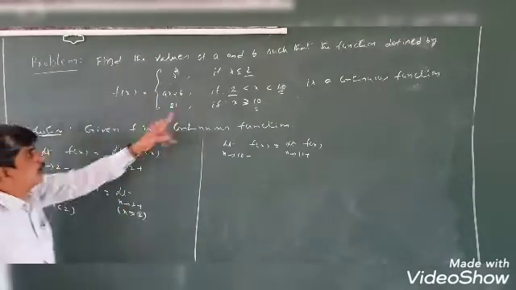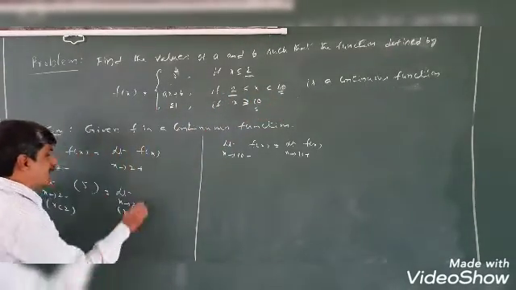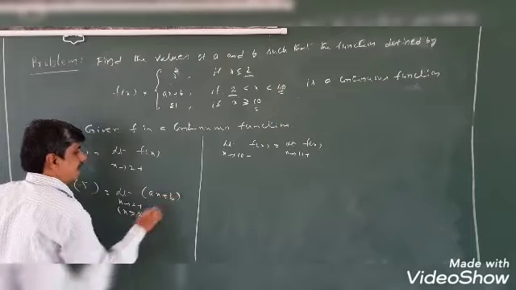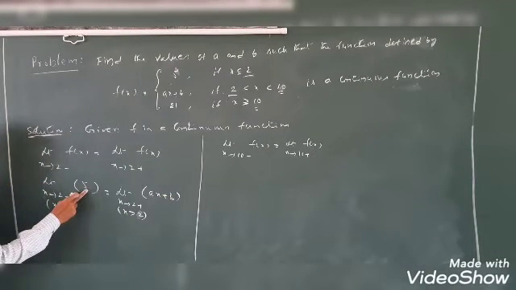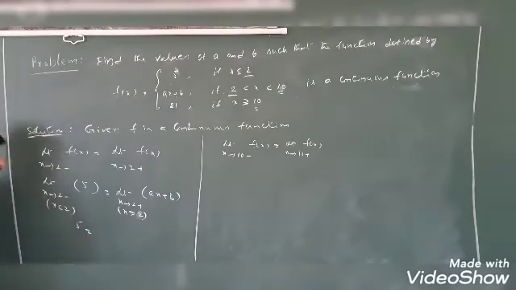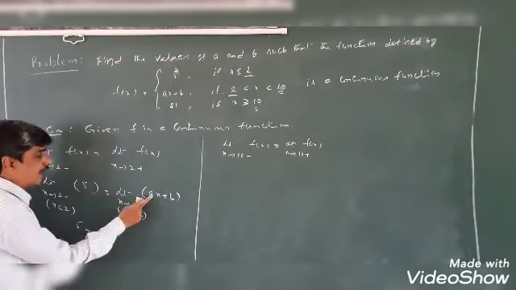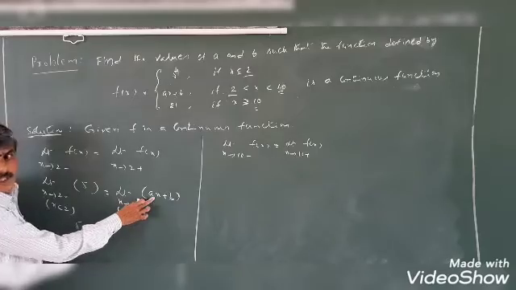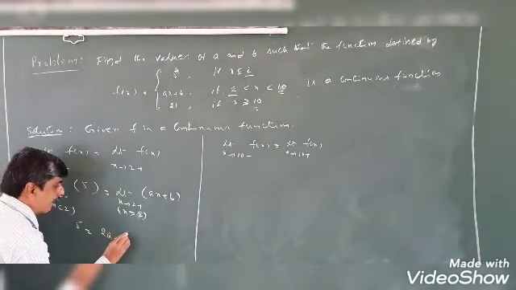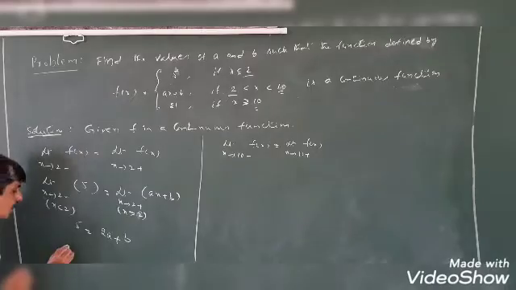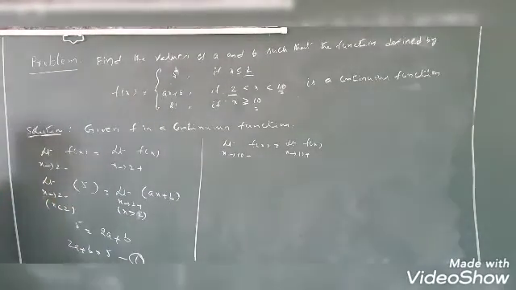In the x greater than 2 case, x value above 2 and below 10, f of x is defined as ax plus b. So limit x tends to 2 minus of 5 is equal to 5. Limit x tends to 2 plus of ax plus b, write in the place of x is equal to 2. So this is 2a plus b. So 2a plus b is equal to 5. This is equation number 1.